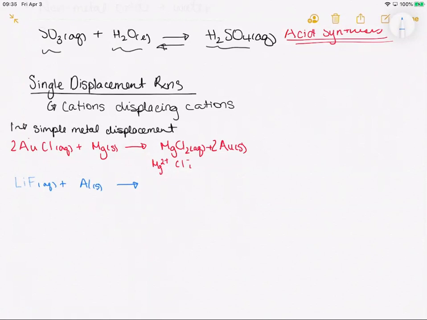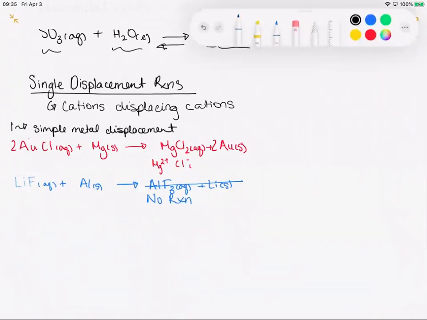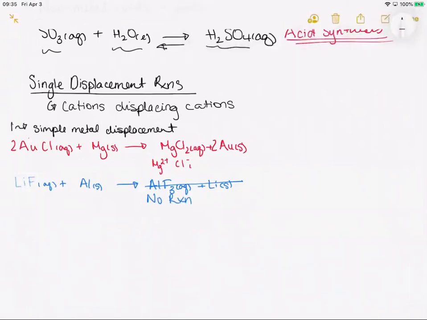We could predict it would form aluminum fluoride plus lithium solid. No, actually it's not. Because lithium is higher on the reactivity series than aluminum, aluminum is not able to displace it in an ionic compound. But I still predicted the possible products, and then I write underneath: no reaction. So that is simple metal displacement.